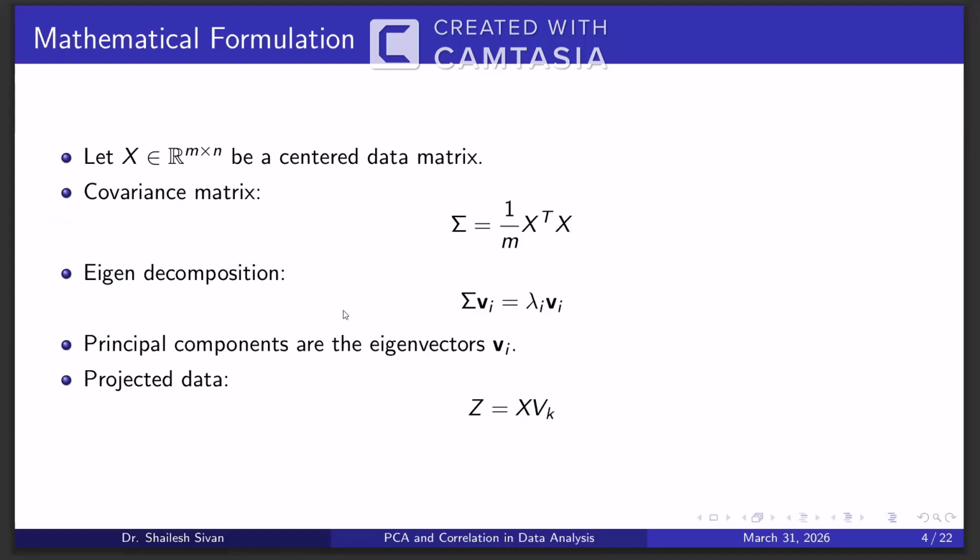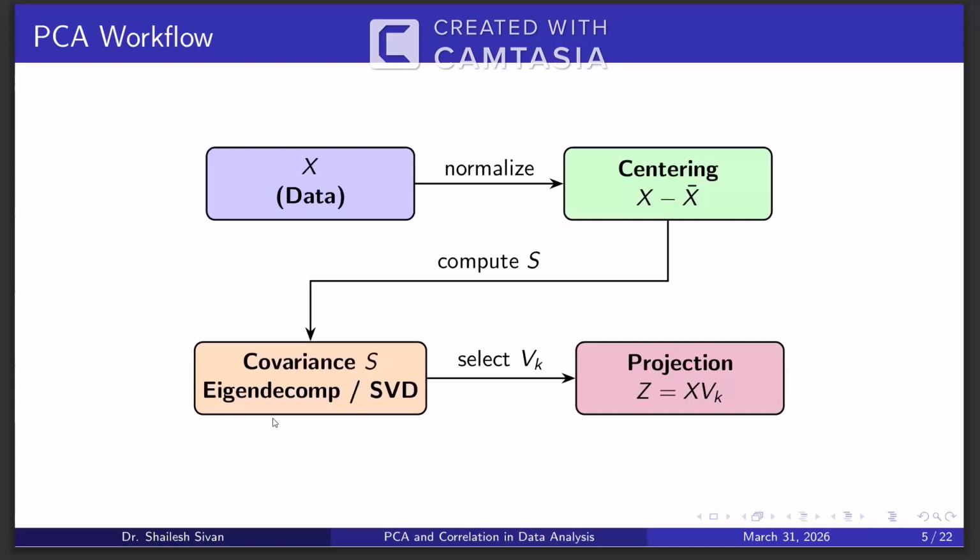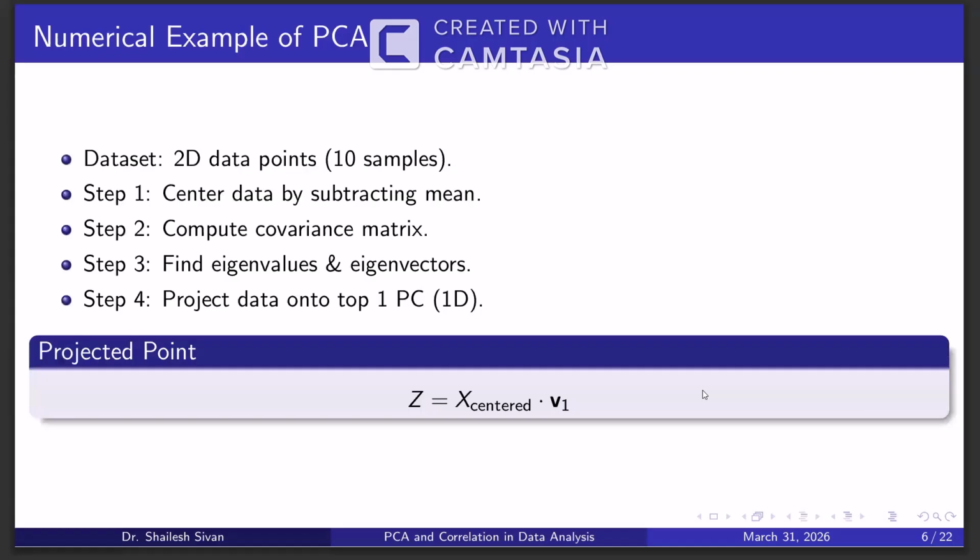Then eigen decomposition, then select the principal components, then project the data. So first we have to take the x, and there is a step called centering. Then compute S, the covariance matrix, then do the eigen decomposition, select the top k vectors, then project it.